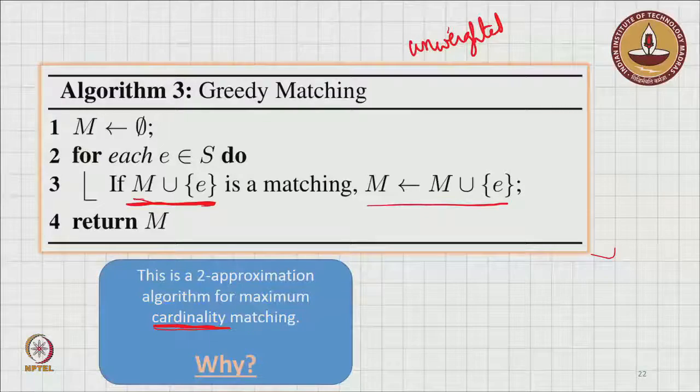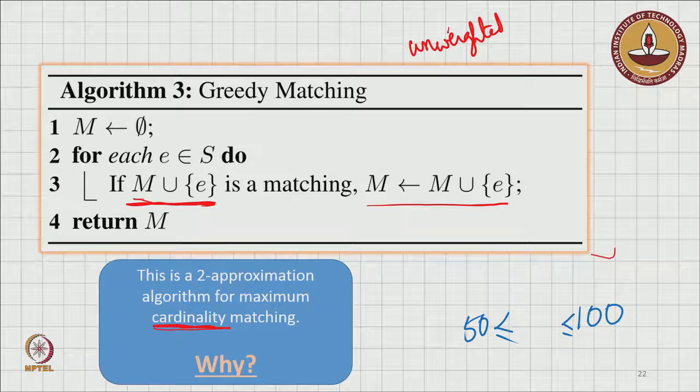So, it's a two approximation, which means that the number of edges output by this algorithm is going to be at least half the number of edges in an optimal maximum cardinality matching. So, if the optimal maximum cardinality matching is say 100, then we are guaranteed to get a matching of size sandwiched within this region between 50 and 100.